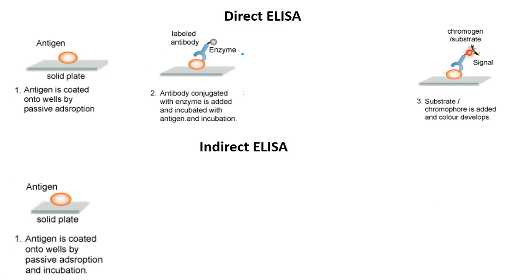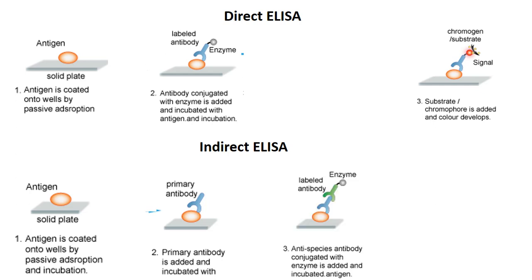Whilst an indirect ELISA is the same concept, where you have the antigen, the company puts on the antigen and adheres to the plate, and then you add your blood sample, which contains an antibody that you're interested in, for instance an antibody against HIV, and when it binds to the antigen you then add a secondary antibody, okay?